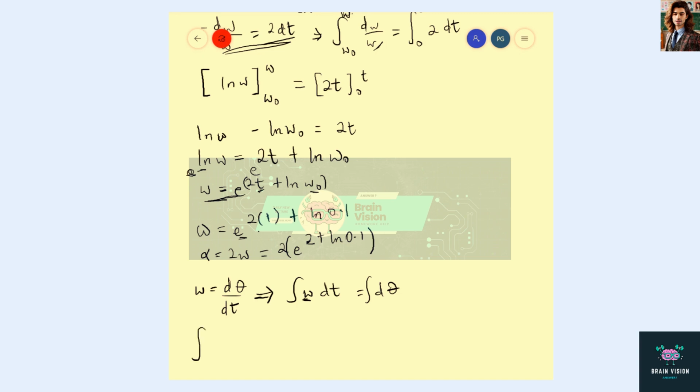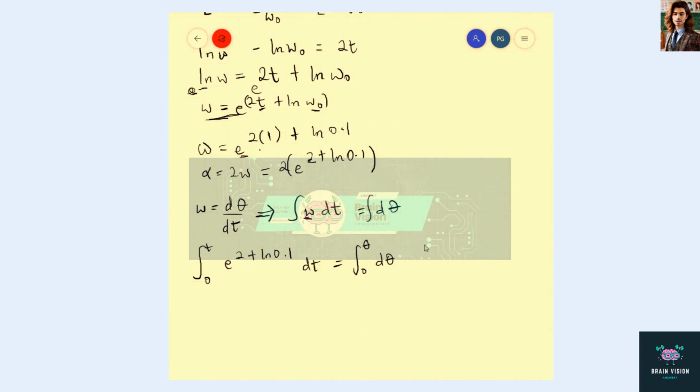Integrating from 0 to t, e raised to the power 2 plus ln 0.1 dt is equal to the integral from 0 to theta of d theta, because remember the initial angle was 0.